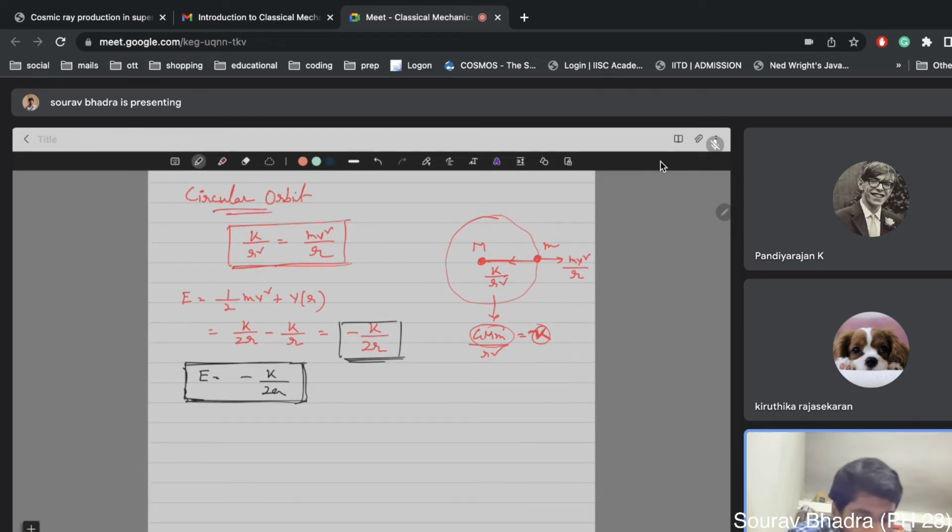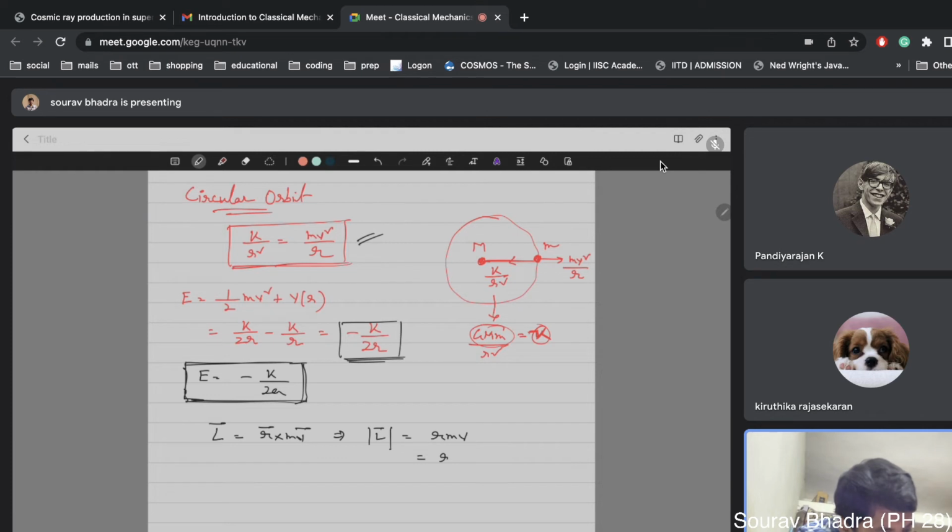Now we will calculate the angular momentum of this particle. Right? So angular momentum is always r cross mv. Okay, and we are interested in the value only, so that is rmv. You can say r is the distance. So if you again put your v in terms of k, r and m from this particular equation, then you will get it.